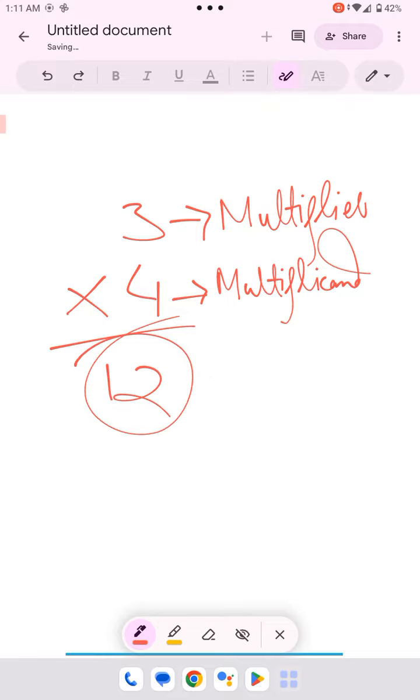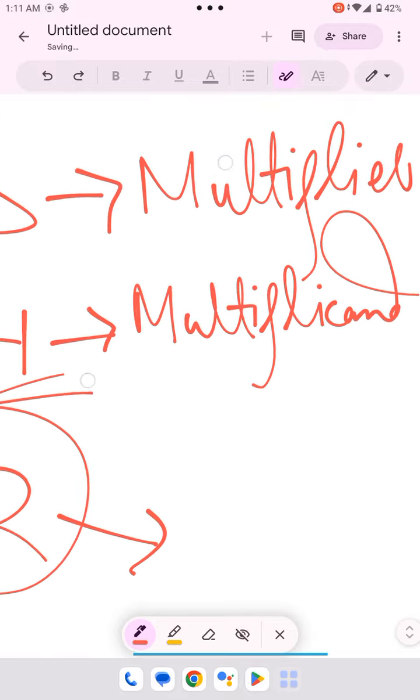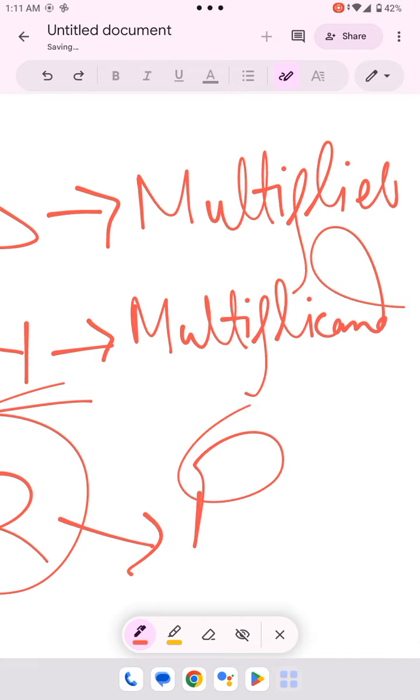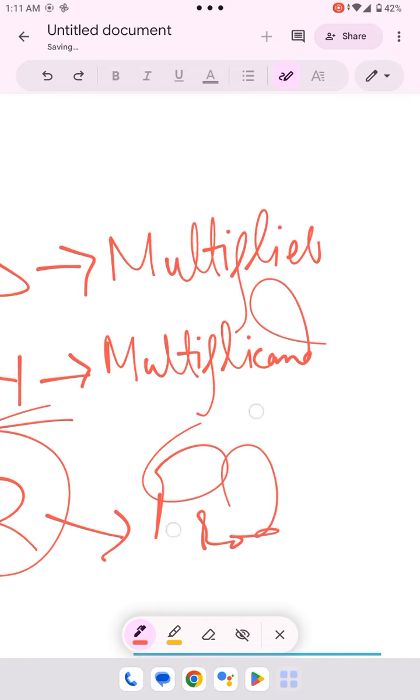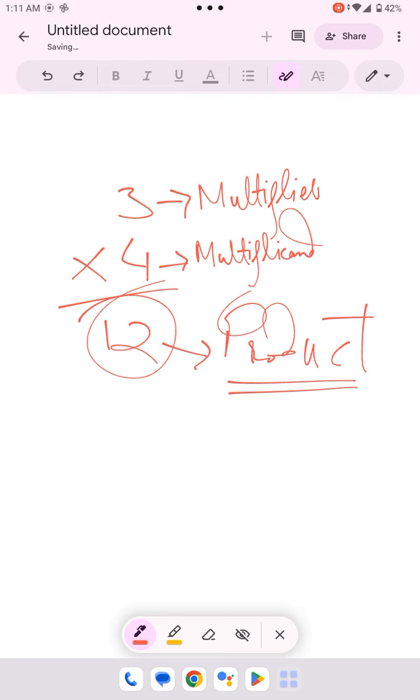And what is the answer called? The answer after getting the multiplication is called the product. Okay, so remember this. The product is the answer after multiplying two numbers. Multiplication of two numbers will result in an answer, and the answer is called the product of that.